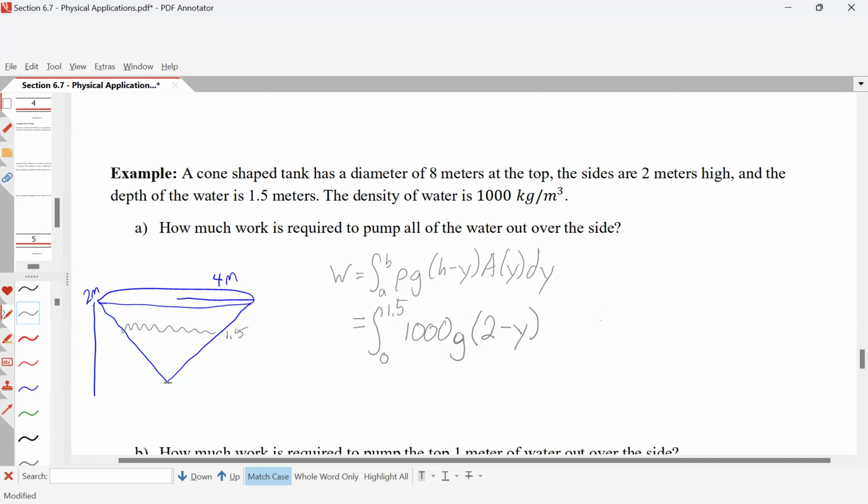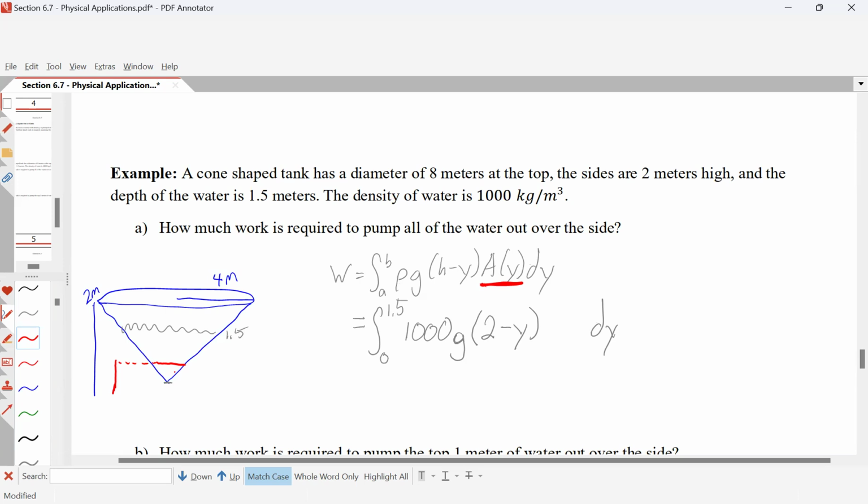And now the last thing we need is that area function. Like I said, the challenge of this problem. We want to figure out if at any point y, any height y, we can find the area of the surface of that water in the cone.